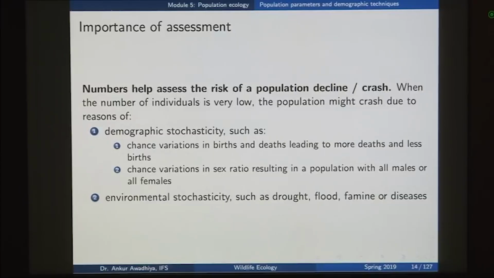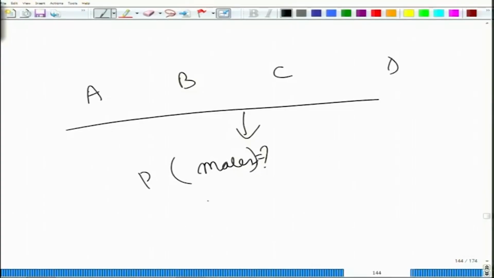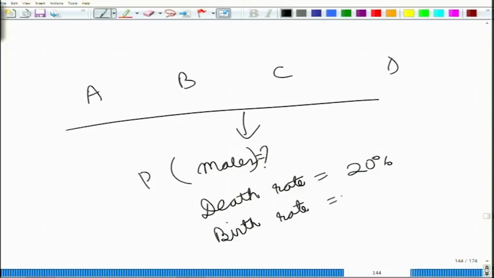Say you have a death rate of 20% and a birth rate of 30%. In this scenario your population is going to increase, but by chance it is possible that this year, in place of a 30% birth rate, you only have a 10% birth rate, and your population is going towards a collapse.